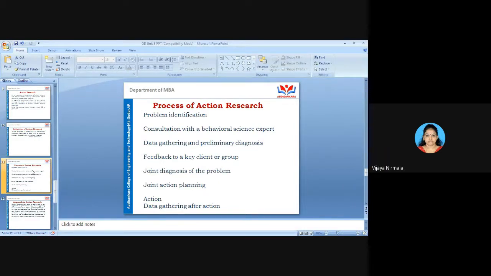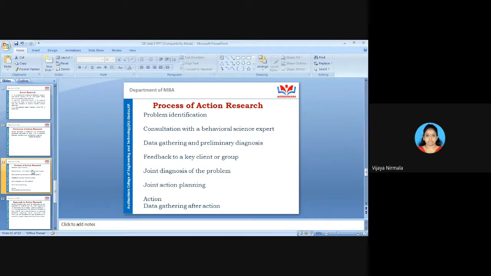When you come to the third one, that is data gathering and preliminary diagnosis. This step is usually completed by the organization development practitioners, even though they often work in conjunction with organizational members also.